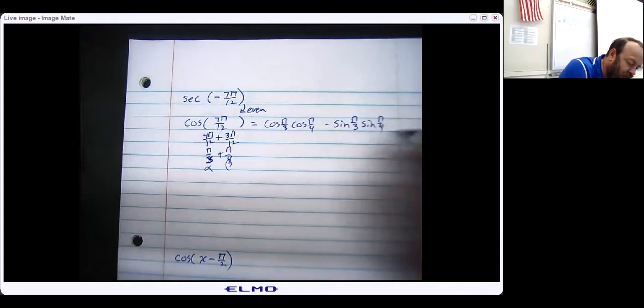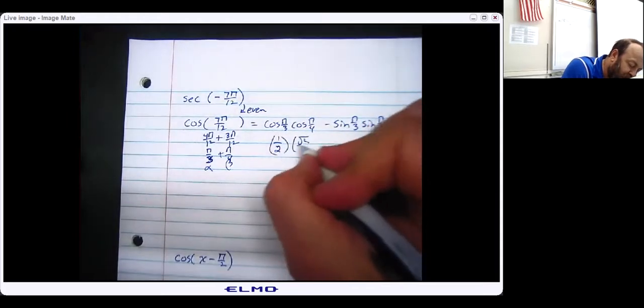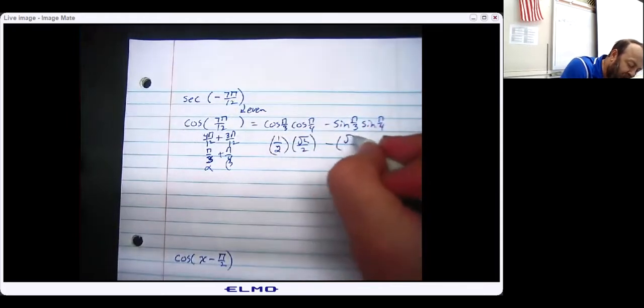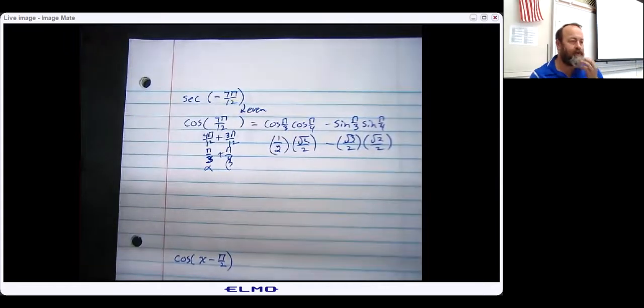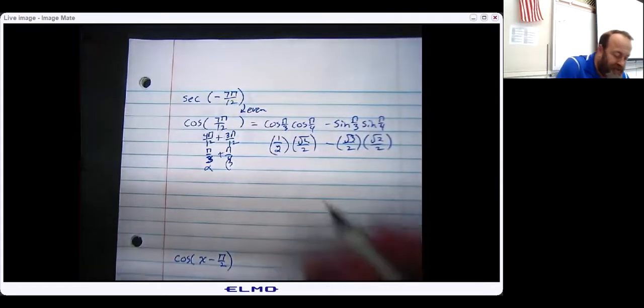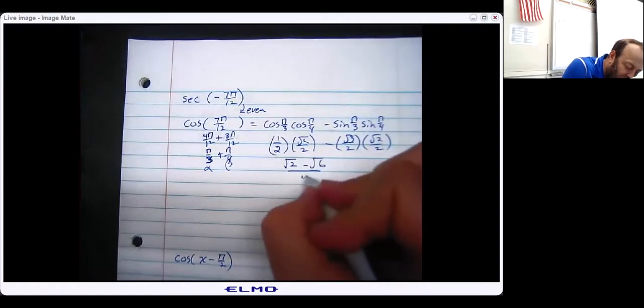Now I promised you that we should get a root 2, a root 6, and a denominator of 4. Of course, I hope you guys catch that I'm getting all of those values right off the unit circle. And so I have root 2 minus root 6 all over 4.